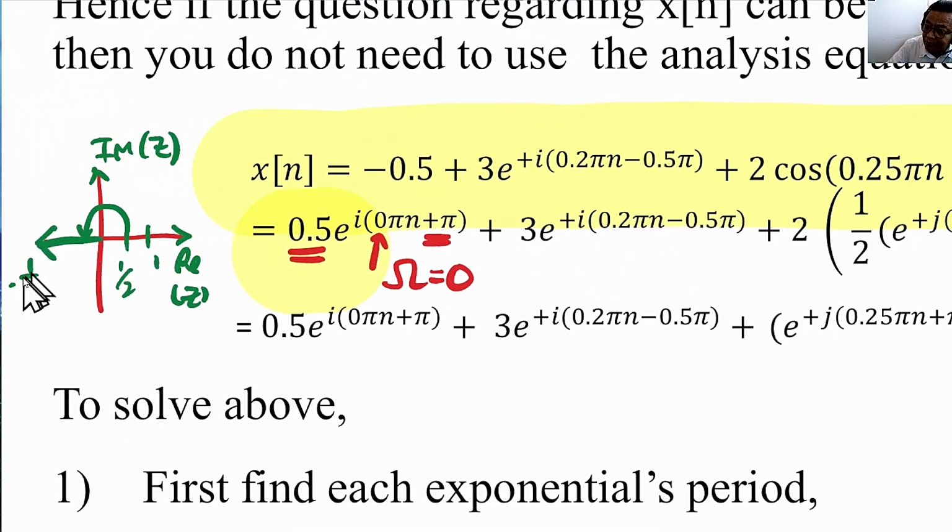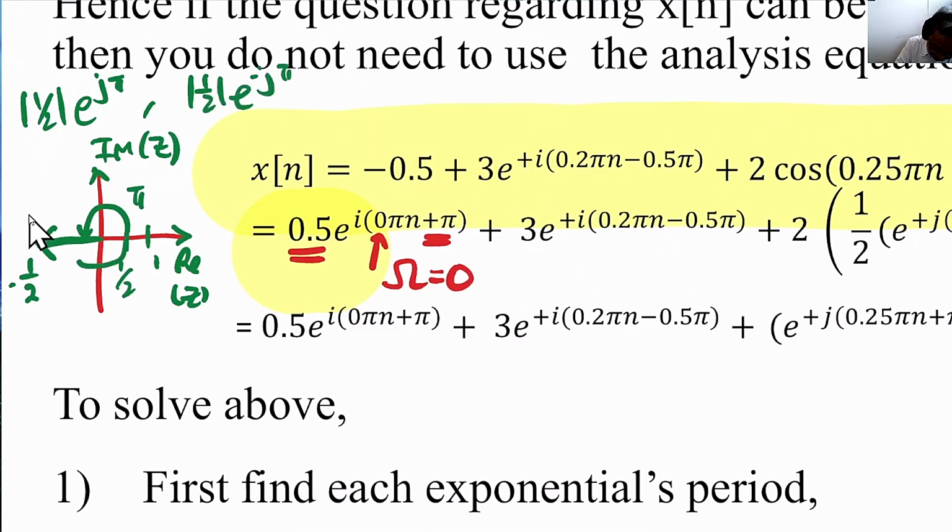So minus half is the same as the magnitude half with phase shift of pi. Or in fact, if you prefer, it is half e to the minus j pi as well. So that you can introduce this angle. But it doesn't matter whether it's pi or minus pi, you'll still get minus half. So in here, I simply use magnitude 0.5 with a phase shift of positive pi.